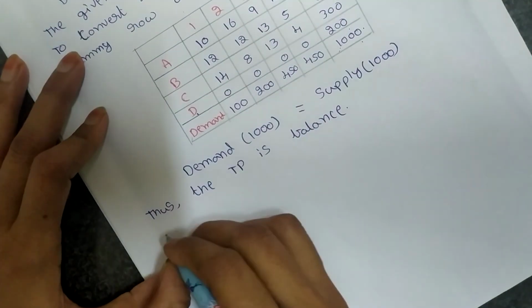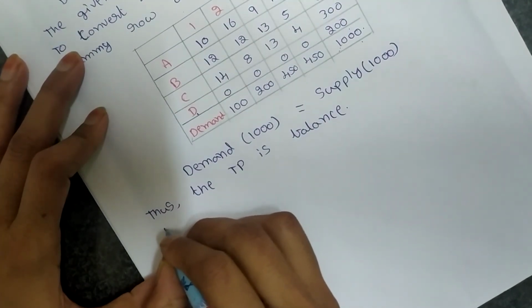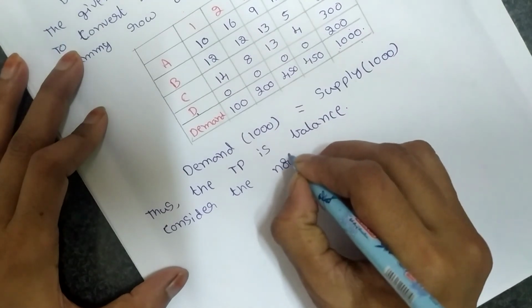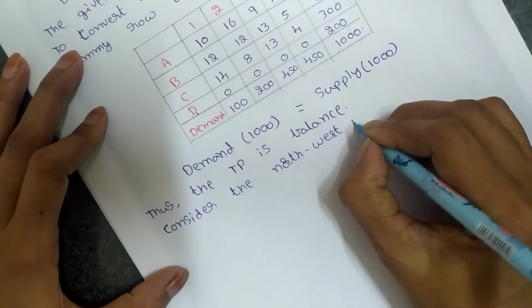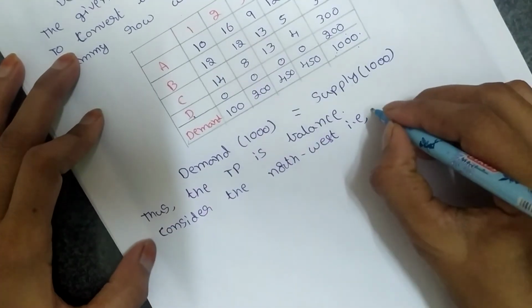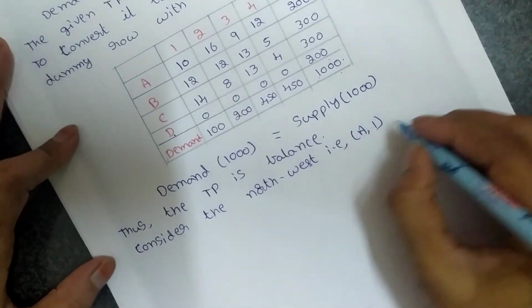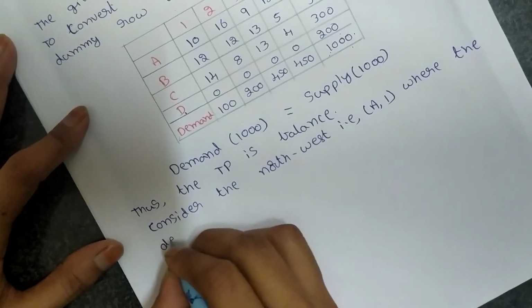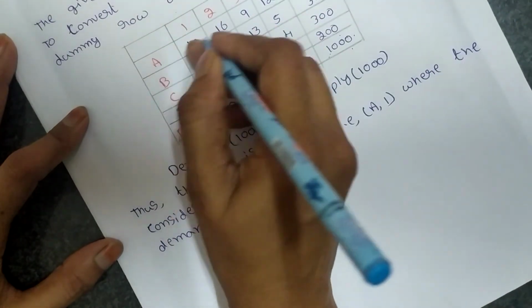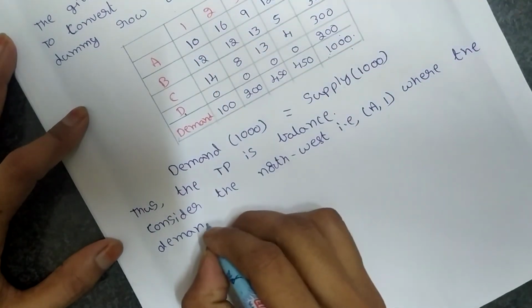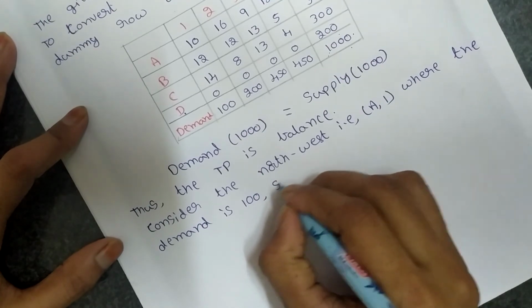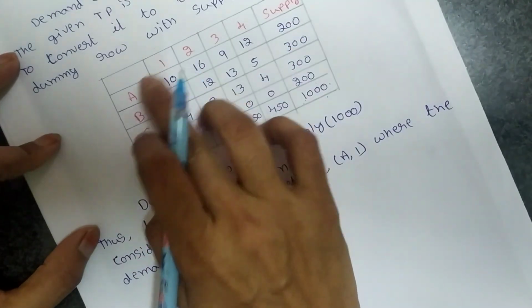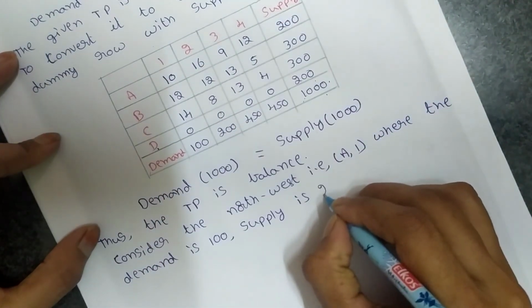Start by considering the northwest corner, that is A comma 1, row A, column 1, where the demand, at the first column and first row, is 100. The supply here is 200.